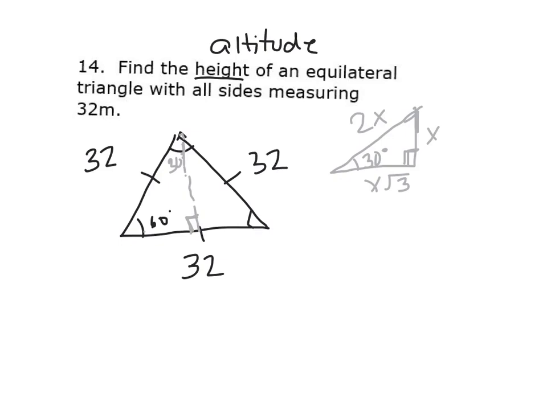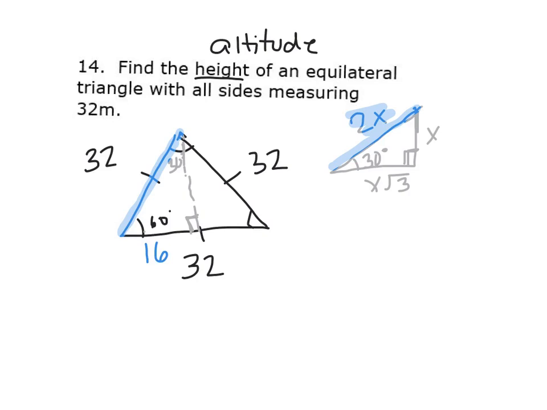So in our picture for our equilateral triangle, the side of the triangle is represented by 2x. So our first step is going to be to find that value of x. So we cut 32 in half, we divide it by 2, and we get 16. Our short leg is 16, which means our value of x is 16.